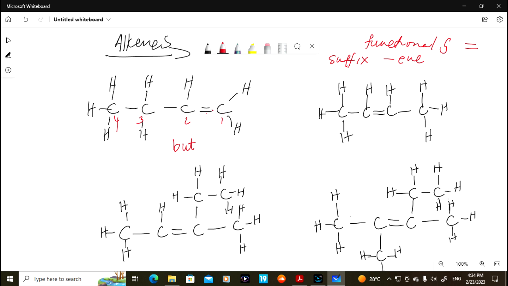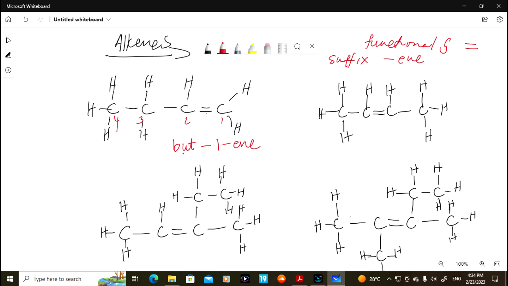So when we are counting, the double bond is attached to carbon number 1. So but, then we say dash 1 dash ene. This is the name of this hydrocarbon, or the organic molecule.